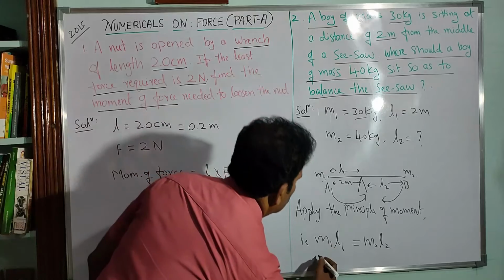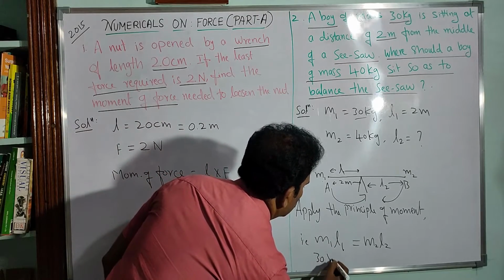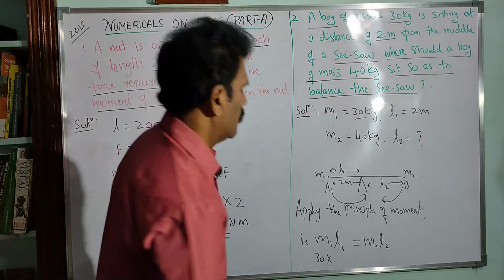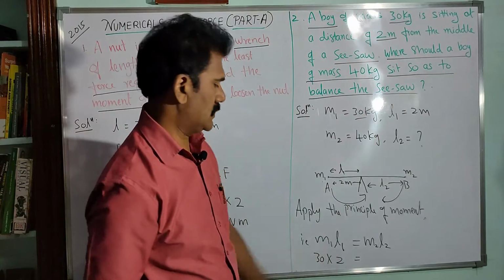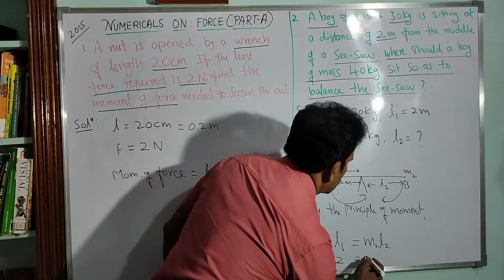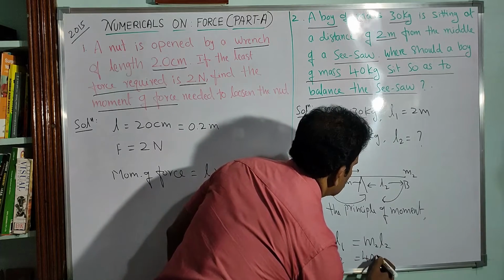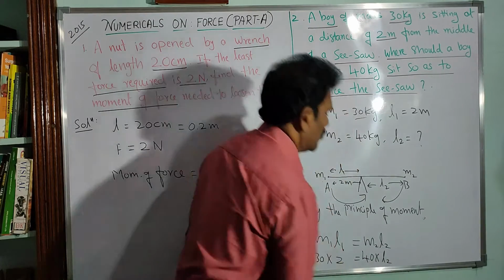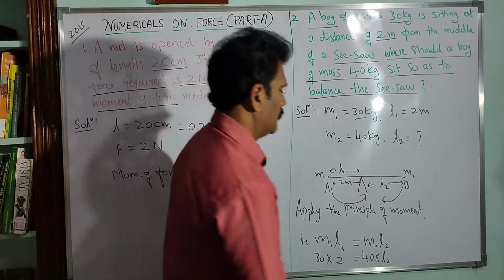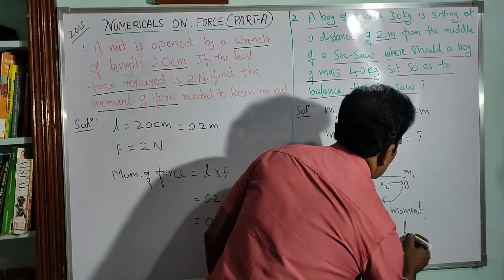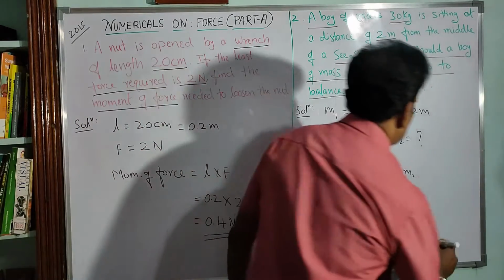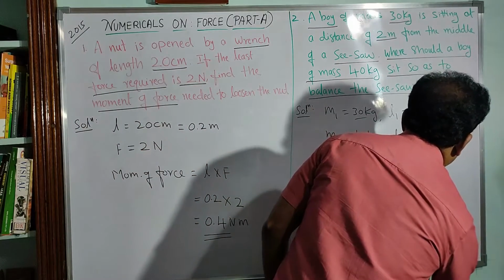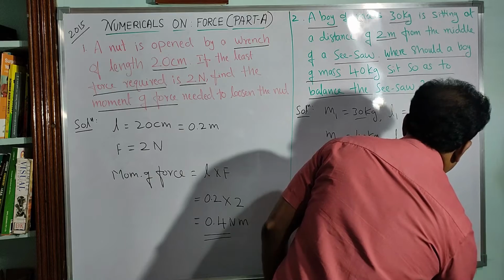So what is M1? 30 kg into L1 is 2 meter. The value is already given in the SI system. M2 is also given, how much is it? 40 kg into L2, which is unknown for you, right? So just cross multiply the equation to calculate L2. So L2 is equal to 30 into 2 divided by 40.